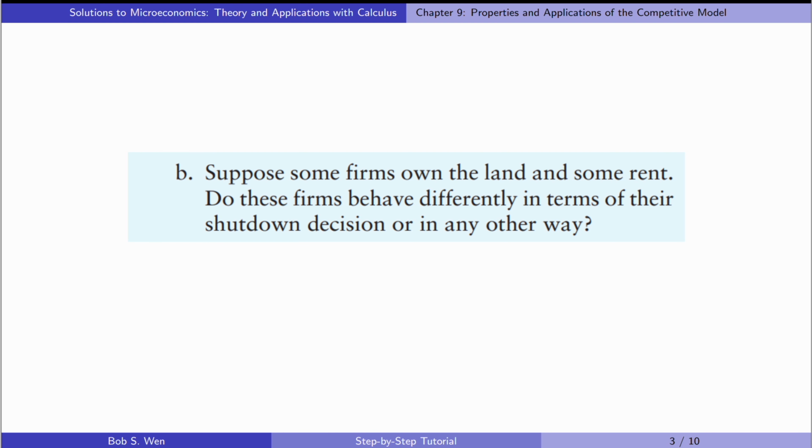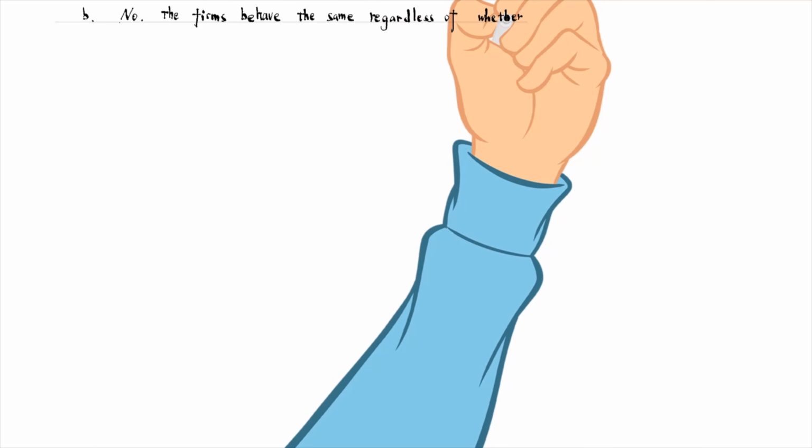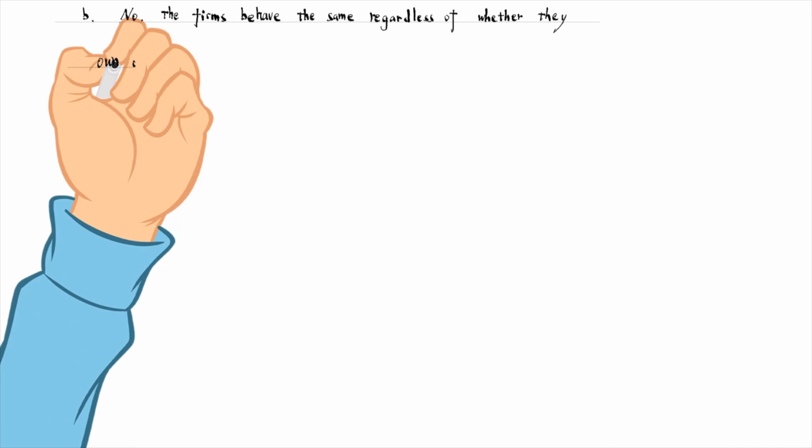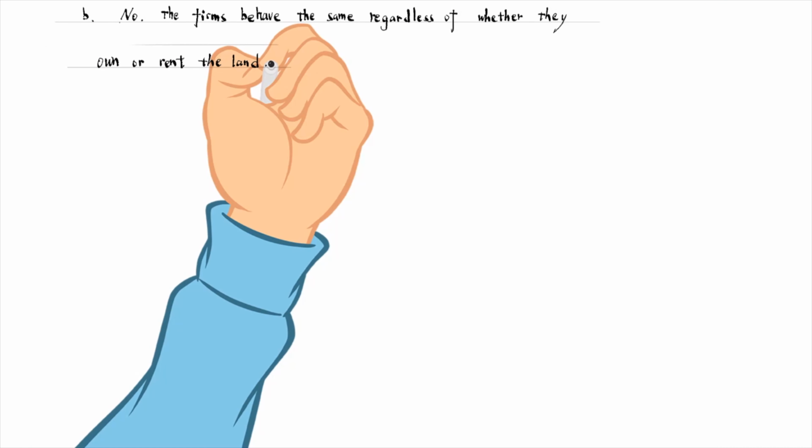In Part B, suppose some firms own the land and some rent. Do these firms behave differently in terms of their shutdown decision or in any other way? No, the firms behave the same, regardless of whether they own or rent the land.